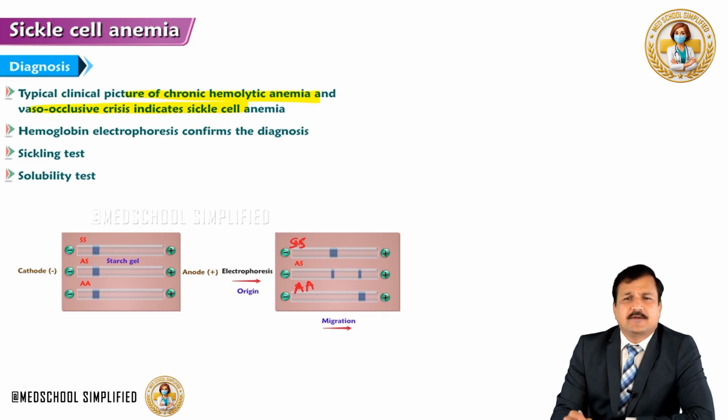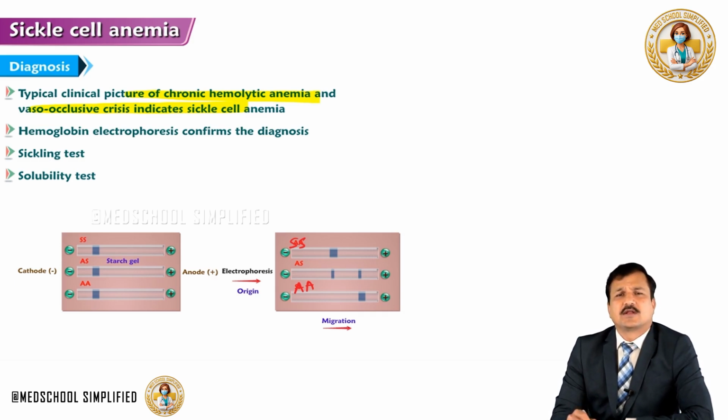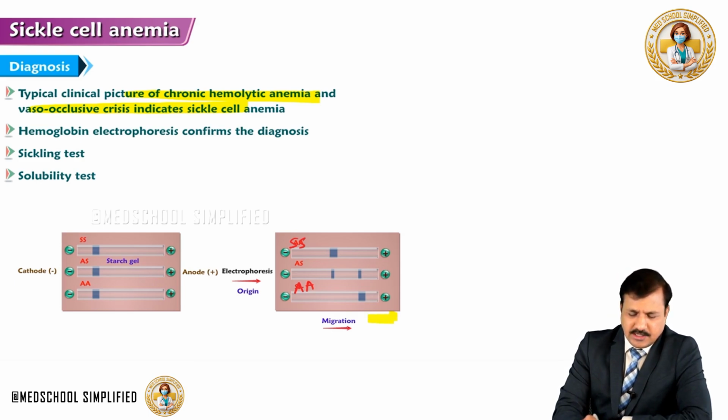In HbA, normal adult hemoglobin, both the beta-globins are normal and they contain glutamate. Since it has got a negative charge, it will move all the way towards the anode. Whereas, sickle cell trait patient will show 2 bands.